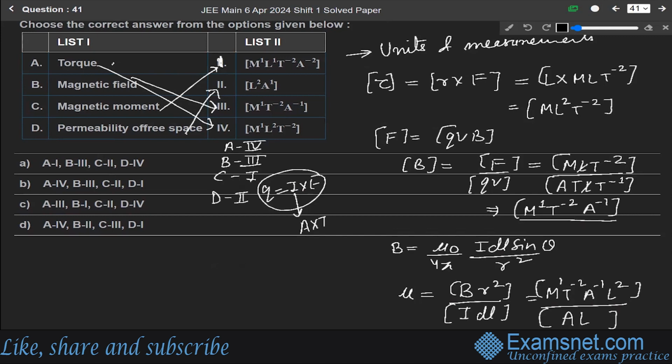A matches with fourth. So I think B is the correct answer. But if they have written this second, it will be 1. So in this case, B is the correct answer.